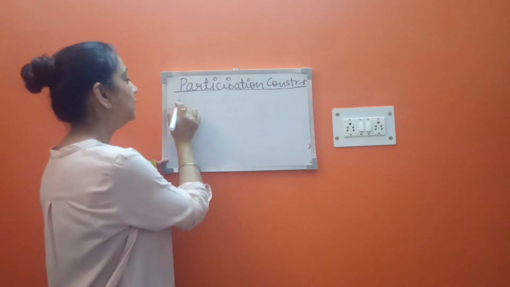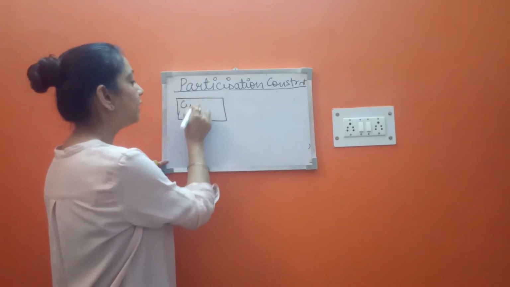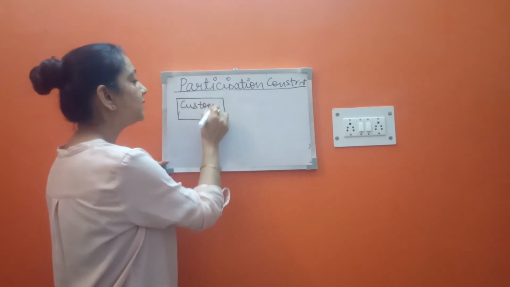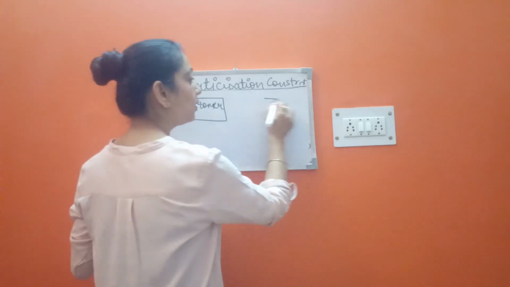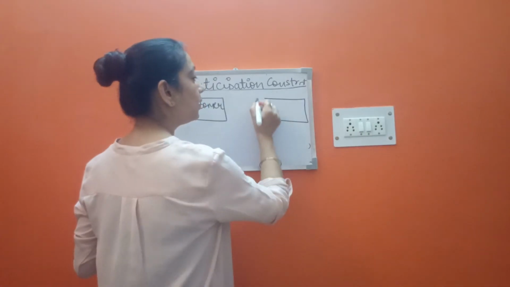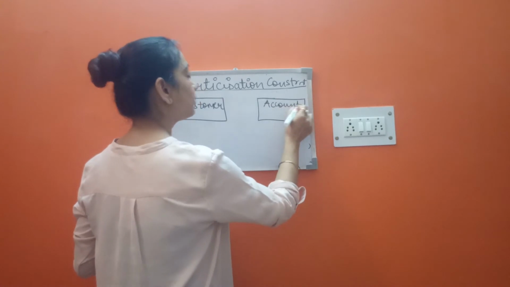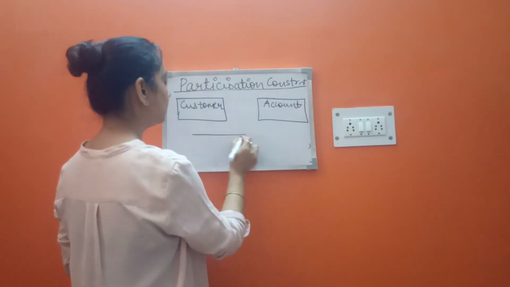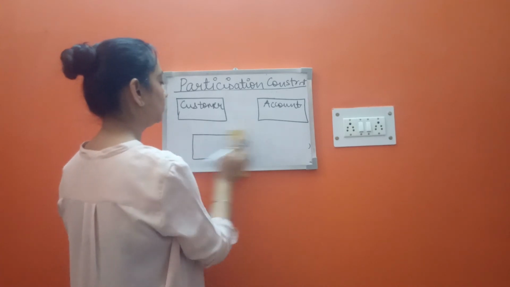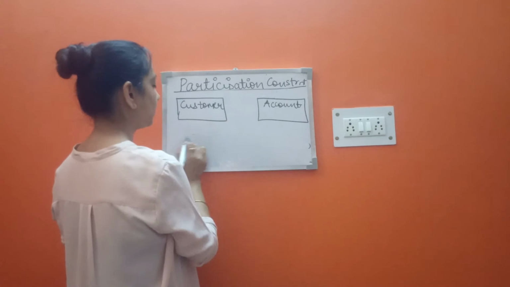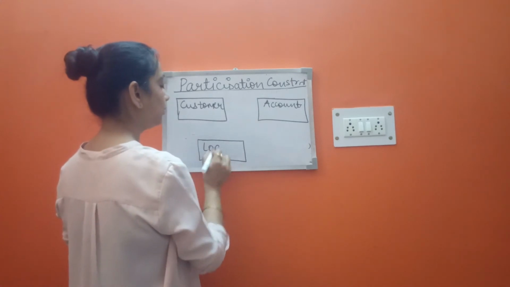For example, when I talk of a bank, we have, say, three entities: the customer entity, the account entity, and the loan entity.